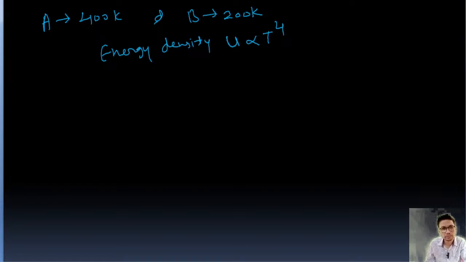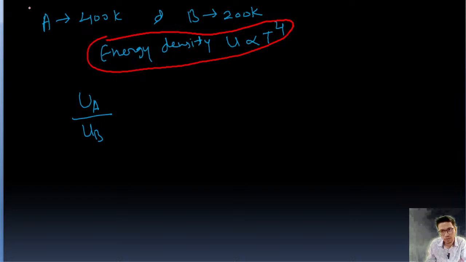So this means UA means the energy density of black body A. So we can write UA upon UB, because this is very important, right?